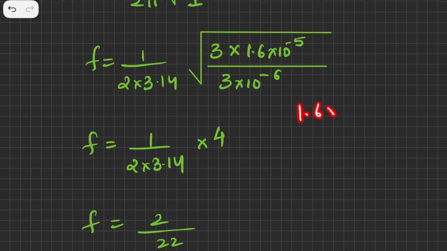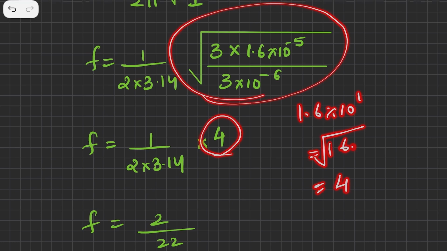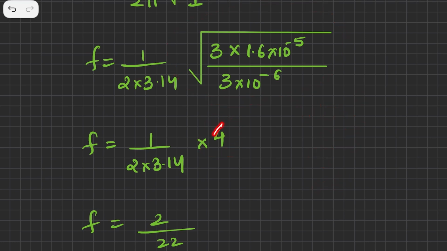Now 1.6 multiplied by 10 raised to 1 will give me 16, and 16 when it comes out of the root will become 4. It's a very easy calculation, that's why I have written directly 4.